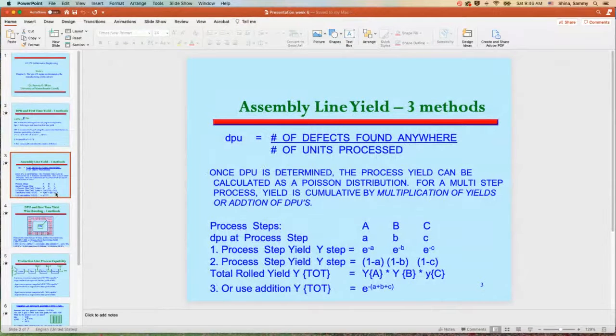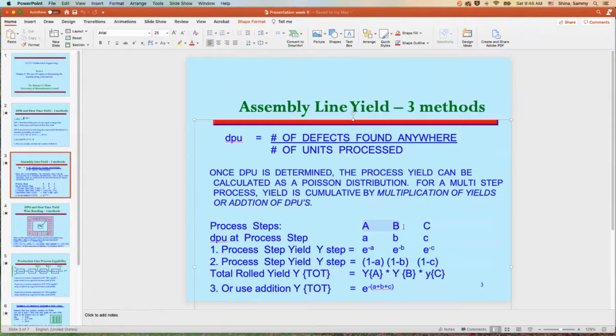This is important because we can assign a DPU for each station or each assembly operation. When we do Six Sigma, we're doing it on individual parts, but if we have a line, there are many operations, and a couple of slides from now we will explore that.